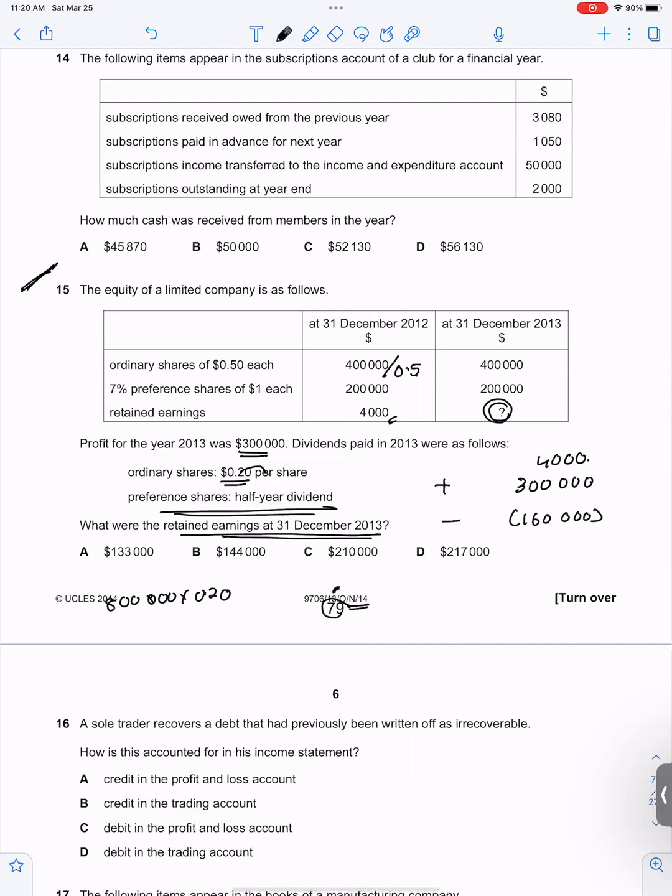Preference shares dividend paid is a finance cost, so it doesn't come here. So the retained earnings at the end of the year is 300,000 plus 1,400 minus 160,000, which is 140. So it is option B.